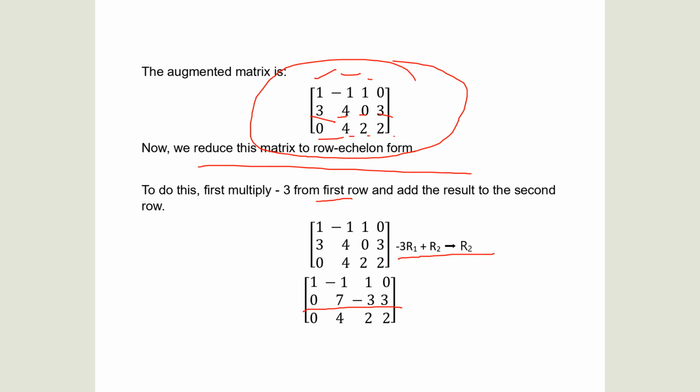If we apply that, negative 3 times 1 is negative 3, plus 3 equals 0, because they have the same value but different signs, so the sum would be equal to 0. So that's why 0, 7, negative 3, 3. This is our new row 2.